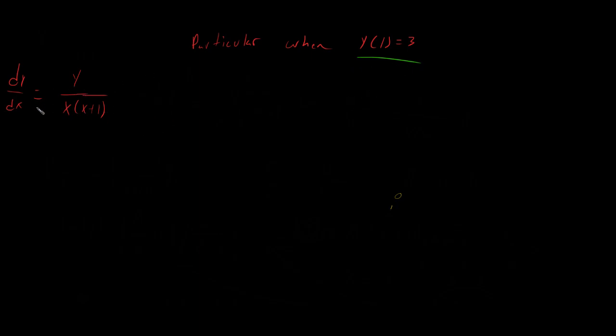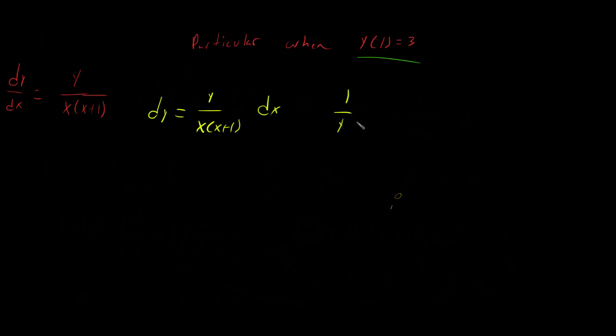So once again, you want to get your y. This time we have a y as well on the side with the x's, so we're gonna have to move that over, and then a dx over here. So dy equals y over x times x plus 1 dx. And then since y is in the numerator, we have to divide it.